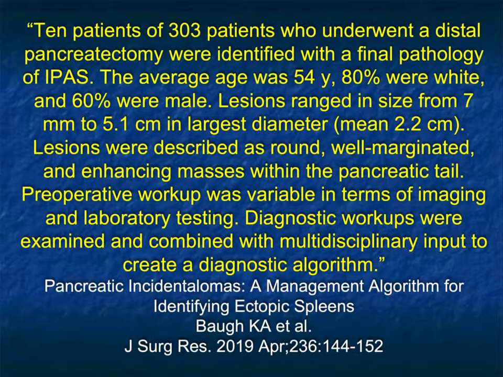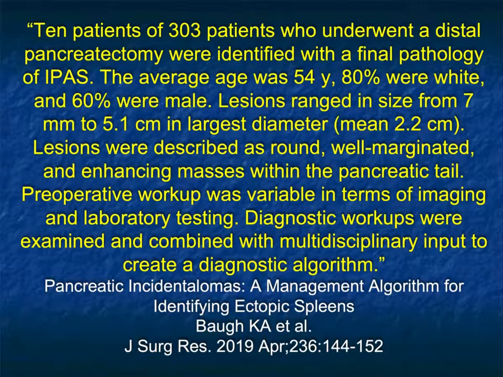In this article by Ba, 10 of 303 patients who underwent a distal pancreatectomy had a final pathology of an accessory spleen. Okay, so you could see, although we like to think it's a very simple decision, it's not always. Lesions range in size from 7 millimeters to 5 centimeters with a mean of 2 centimeters.